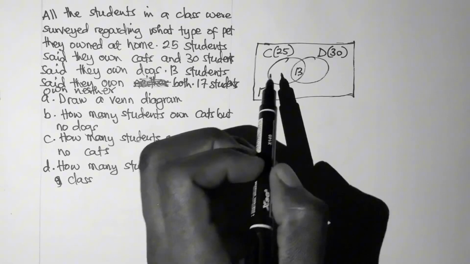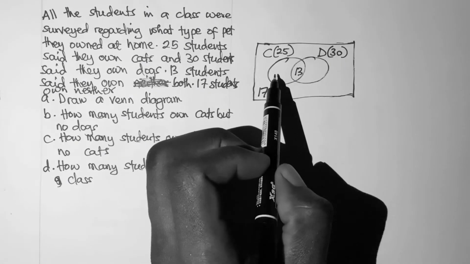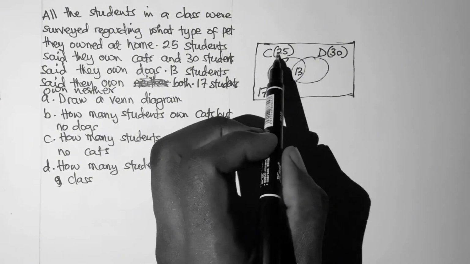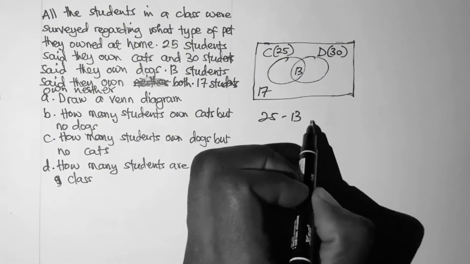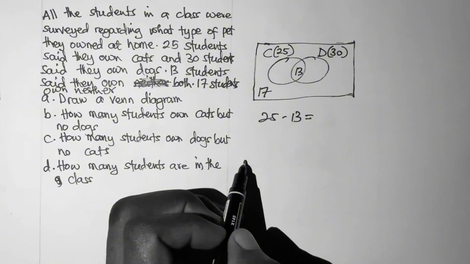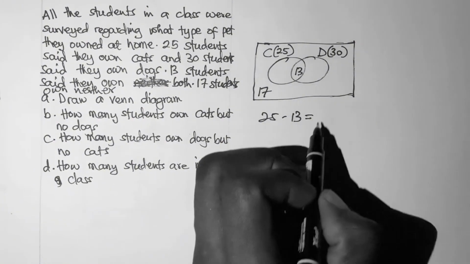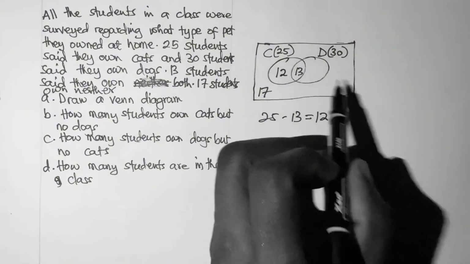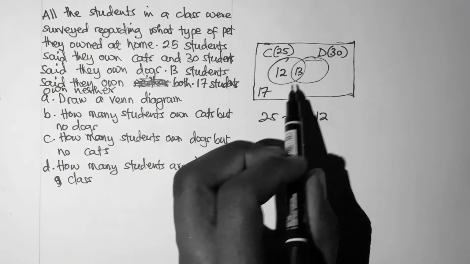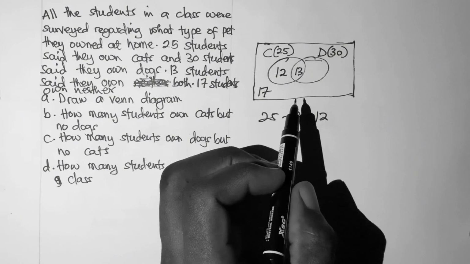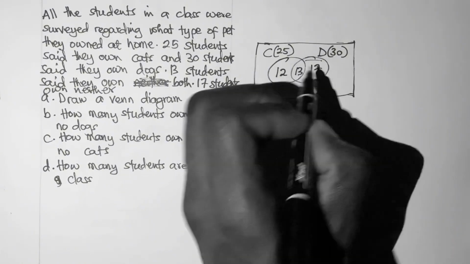What value should we put for cat only? That's going to be 25 minus 13, and 25 minus 13 is 12. And then the number of dogs only is going to be 30 minus 13, and that's going to give 17.